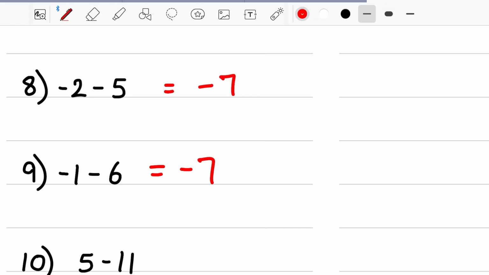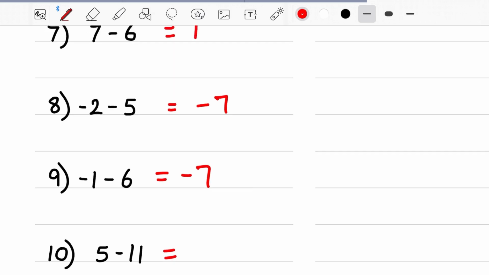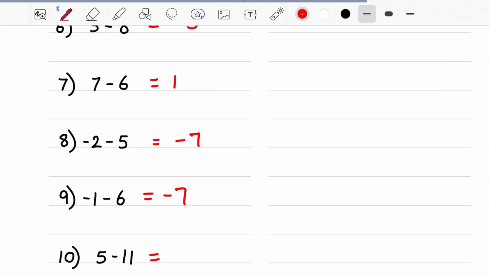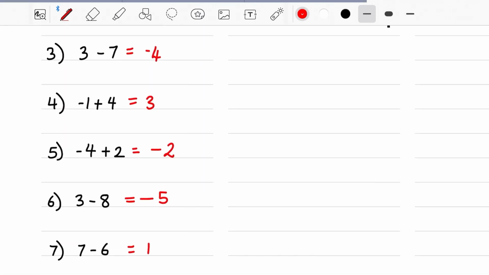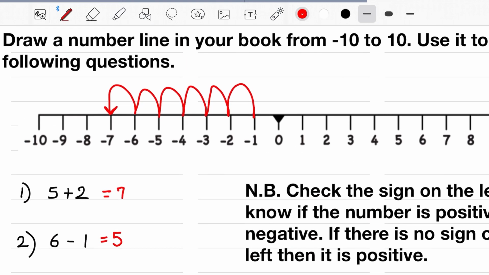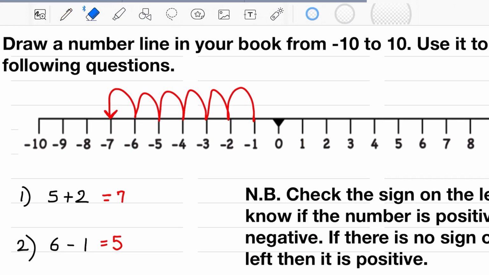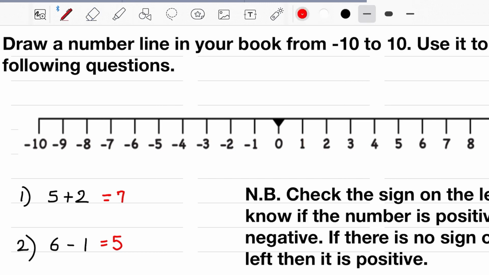And finally, question 10, we have 5 minus 11. So I will locate 5 on my number line, right? Positive 5. So as you would recall, if there is no sign in front of the number, your number is positive.